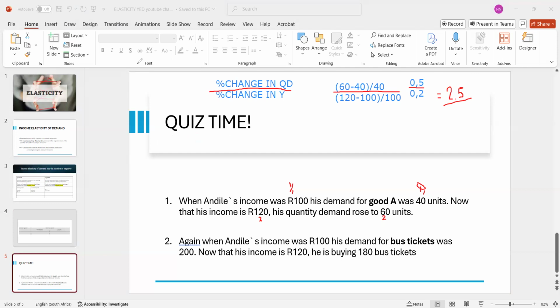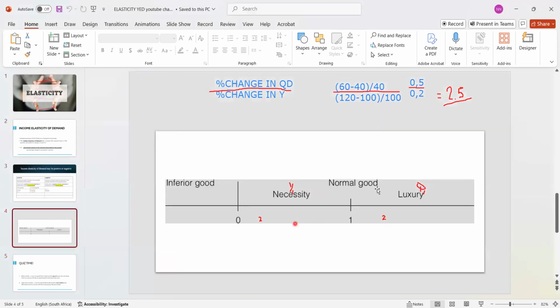Let's go here just to confirm. So we got 2.5, right? We know it's positive, so it is a normal good. And then 2.5 is greater than 1, so it is this side, meaning that it is a luxury good.